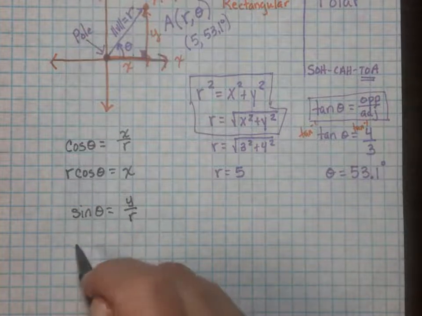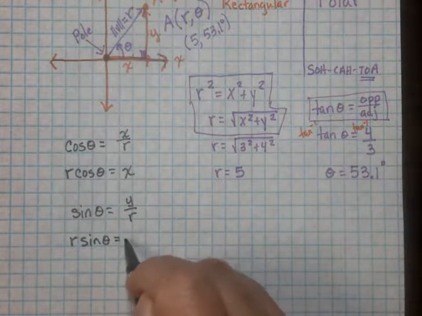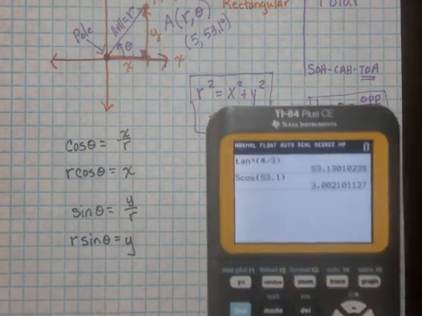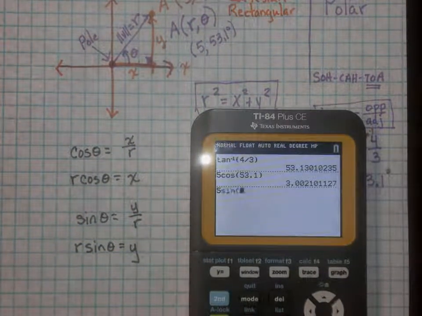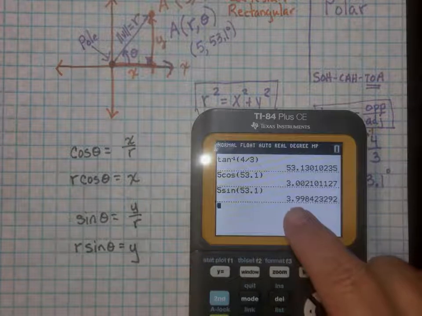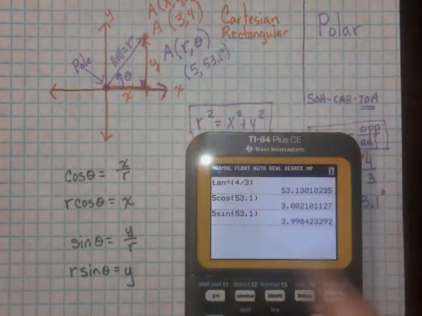Multiplying both sides by r, r sine theta is equal to y. Again, if I take the example that I had and do 5 times the sine of 53.1, and round that to the nearest whole number, I would be at 4. So there's my ordered pair, (3, 4).